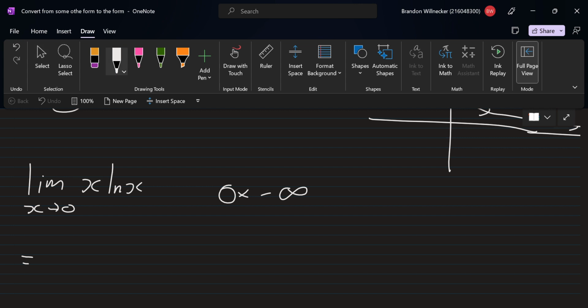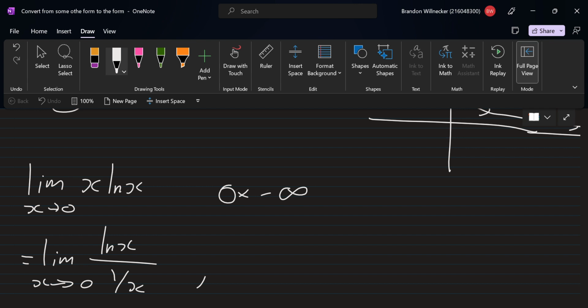So let's use that. So this will be the limit as x goes to 0 of natural log of x divided by 1 over x. Because dividing by 1 over x is the same thing as multiplying by x. Like if you divide by half, that's the same thing as timesing by 2. Right, we haven't changed anything here. But if we look at this indeterminate form, the top part goes to negative infinity.